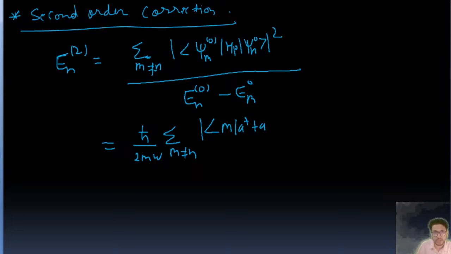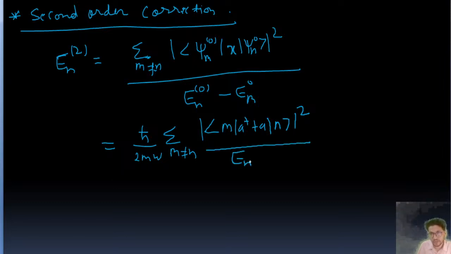Okay, so here in place of H' I'm going to write x. This is H'. Okay, so a dagger and then n, mod square upon E_n naught minus E_m naught.